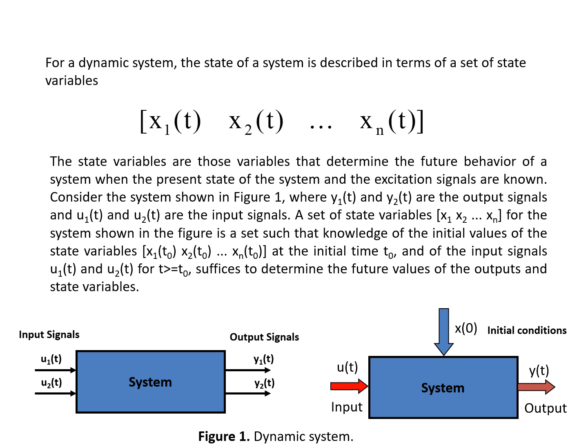So input is considered to be a unit step input u of t and the output is considered to be y of t, and the initial condition is taken to be x of 0. For a dynamic system, the state equation is described with the state variables x1, x2, x3 etc. up to xn, which is shown like this.